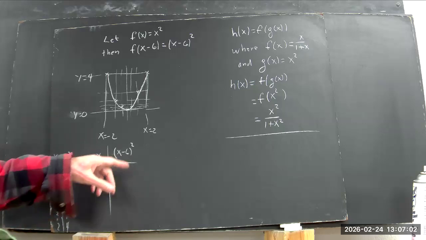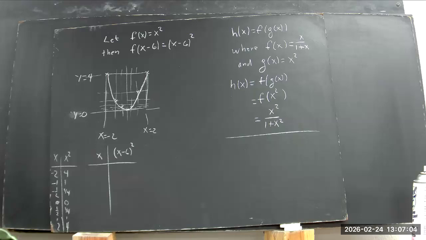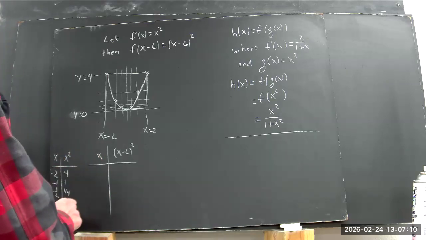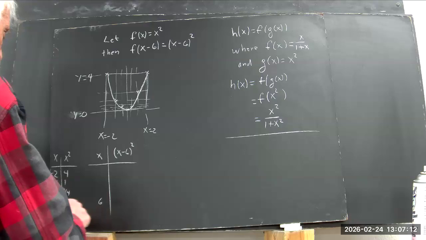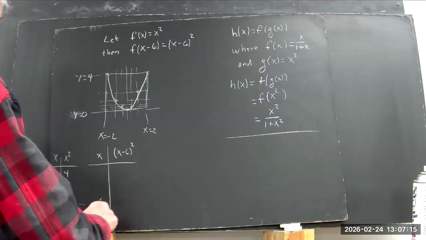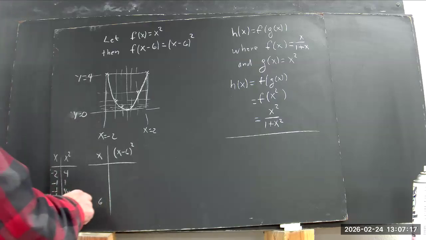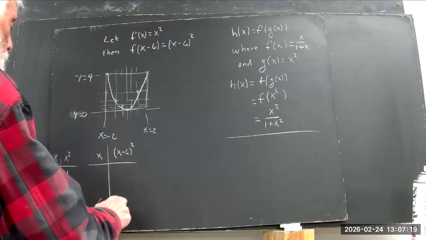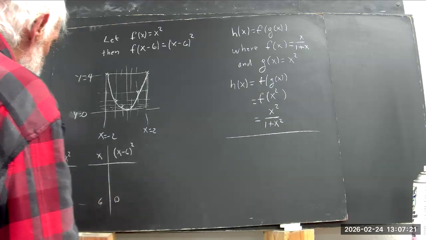What number minus 6 gives me 0? Yeah, 6. It's obvious, right? So I'm going to put 6 over here across from the same line where I've got 0, and I'm going to get 0.